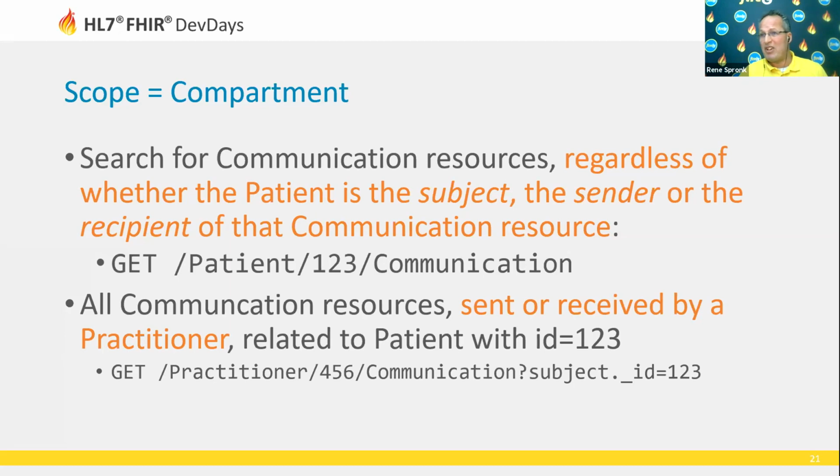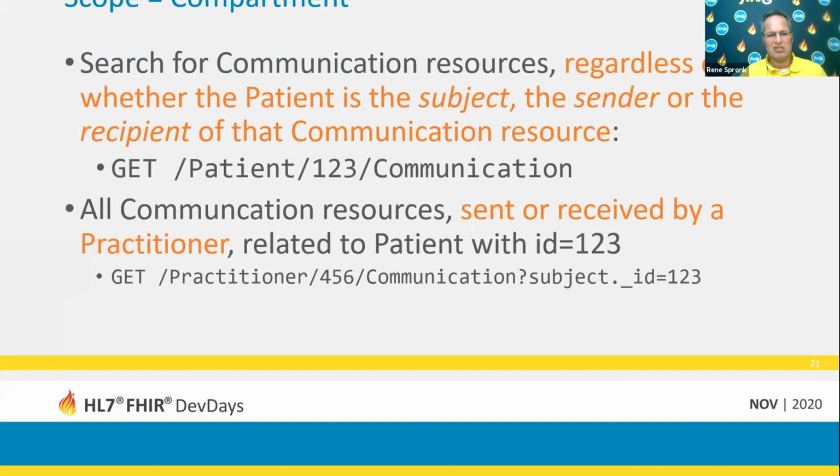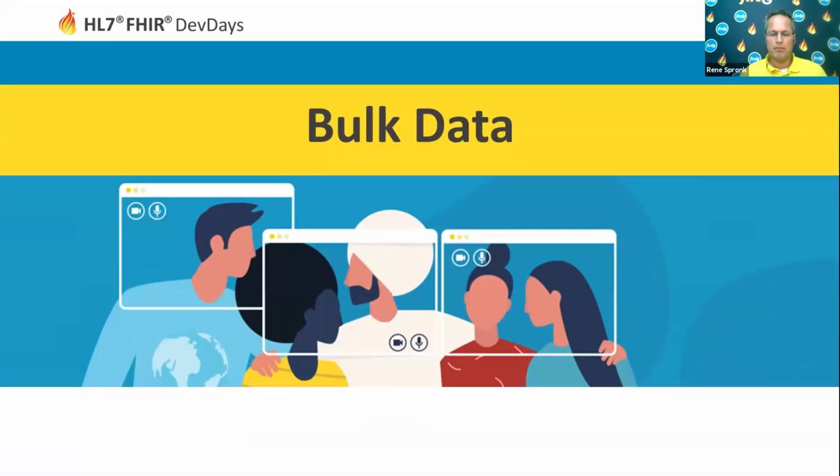And I don't care whether I, as a practitioner, am the sender or the receiver of the message or somebody else. I just want to get hold of all communications that I've had related to a certain patient. And again, this is possible using regular search, but this is more convenient.